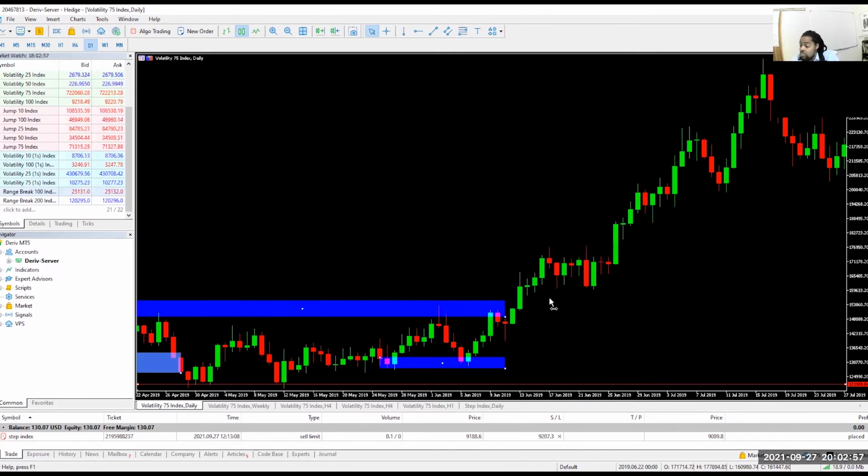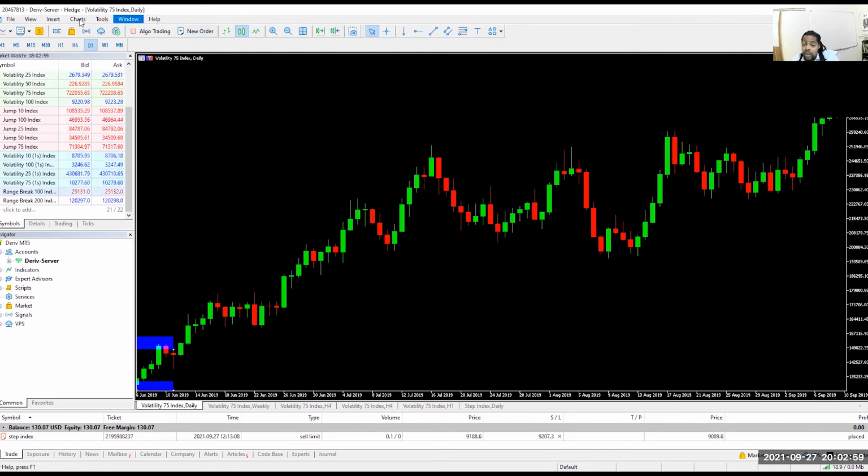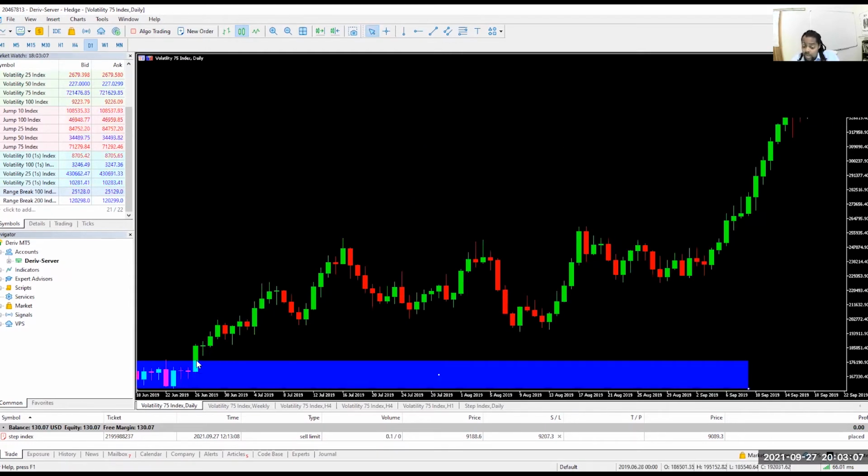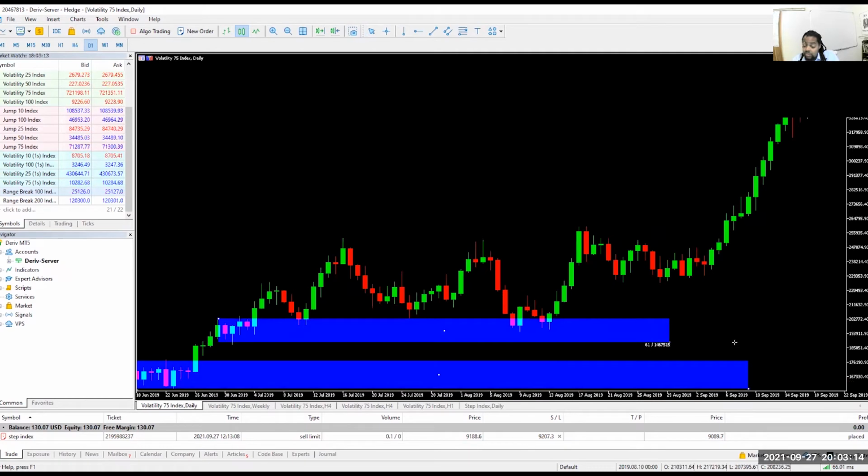The area of value breaks. When the area of value breaks, you get a consolidation area. Markets break to the upside, and then you get another consolidation area, another one. Markets use it, another one.